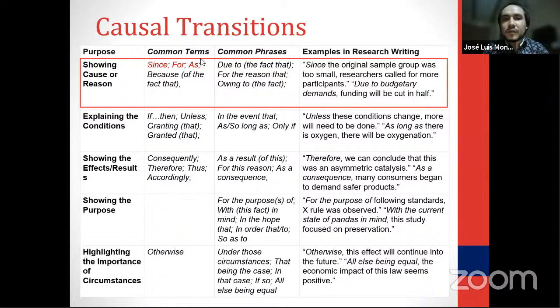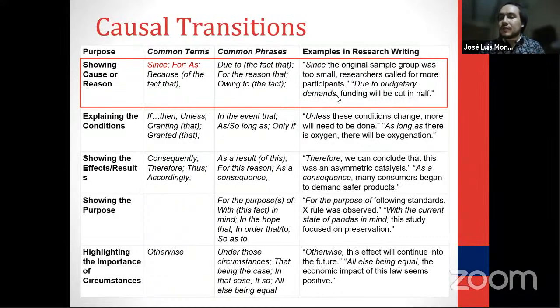All right. One important clarification is that if you say because of the fact that, and that's actually something I need to explain, because of the fact that, due to the fact that, owing to the fact that, what you need after that is a phrase, like in the examples. You have the examples. It says, this is one phrase, due to budgetary demands.